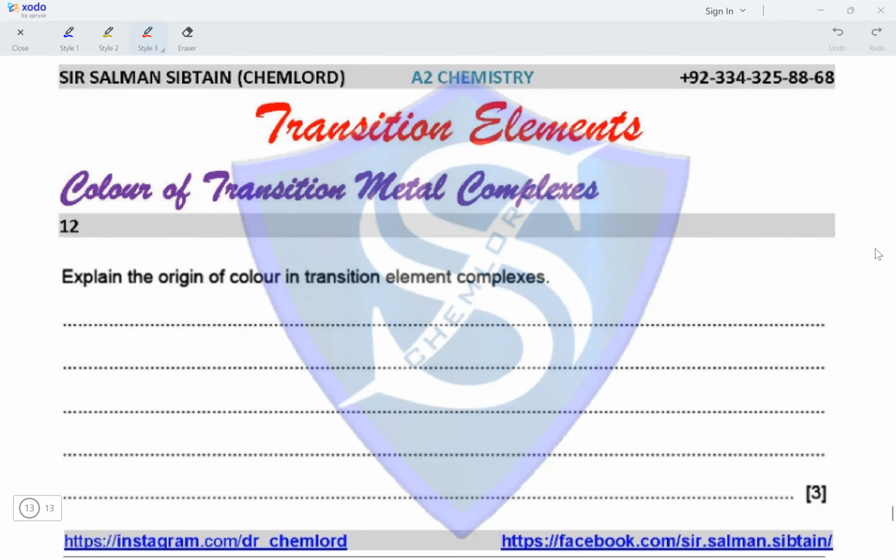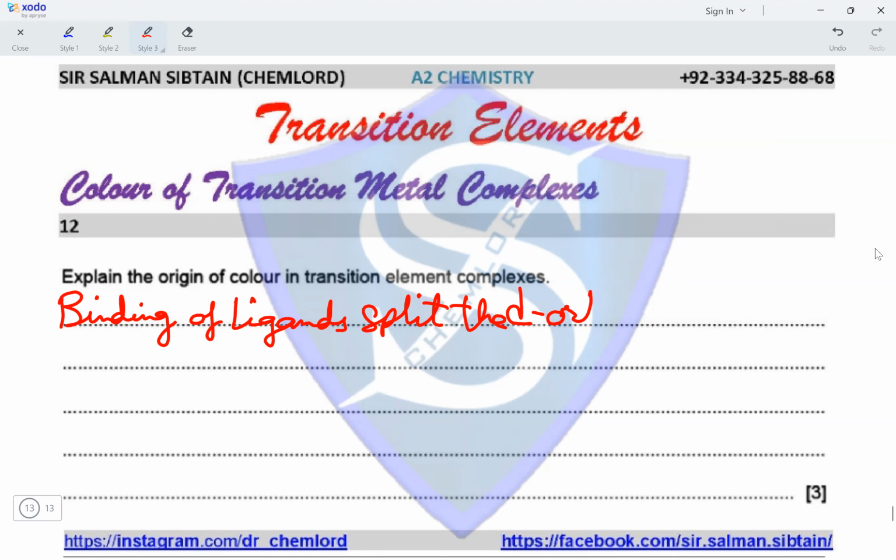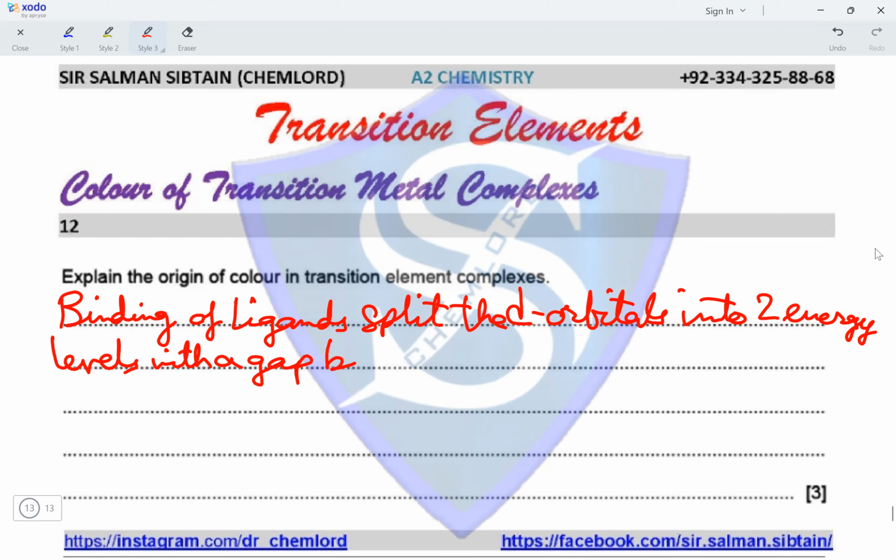Question 12. Explain the origin of color in transition element complexes. So, binding of ligands split the d orbitals into two energy levels with a gap between them.